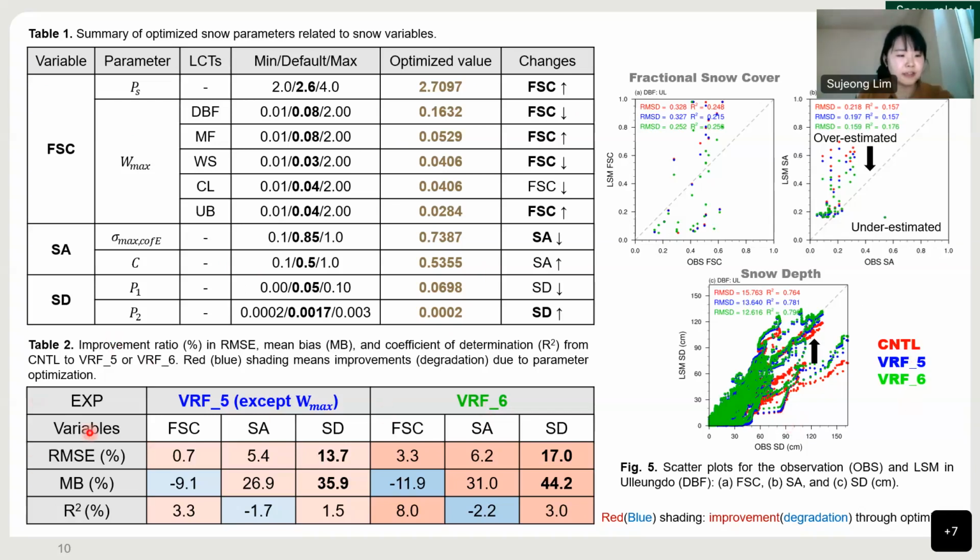Table 2 summarizes the improvement ratio of RMSE, mean bias, and coefficient of determination. Except for mean bias for fractional snow cover, most performance were improved. The snow depth in particular has more observation samples than satellite observation, resulting in the greatest improvement.